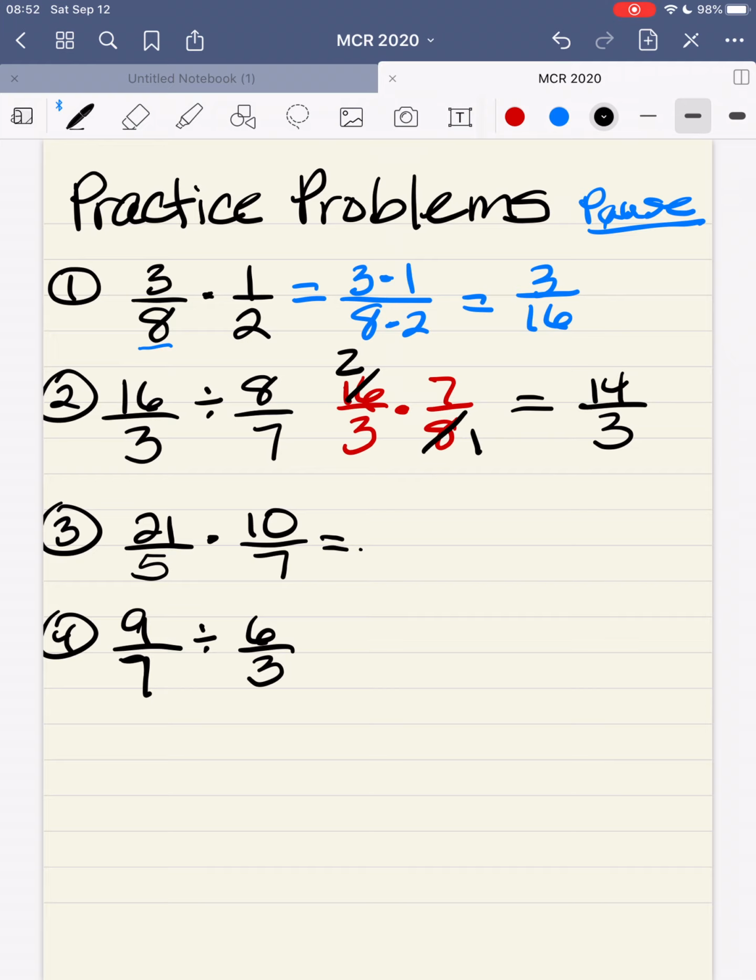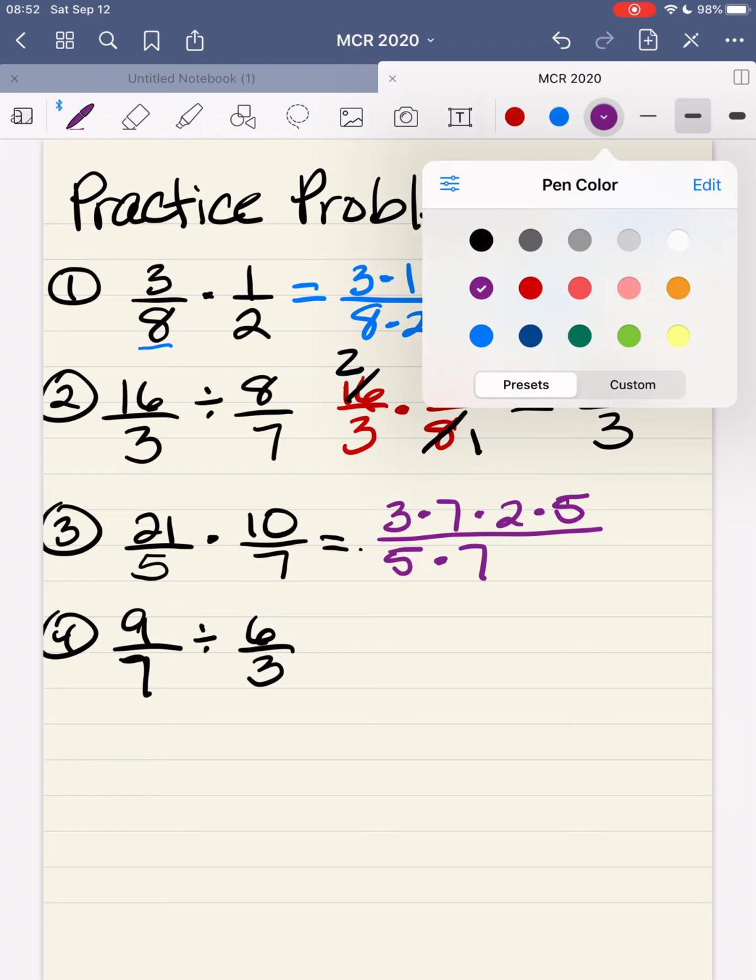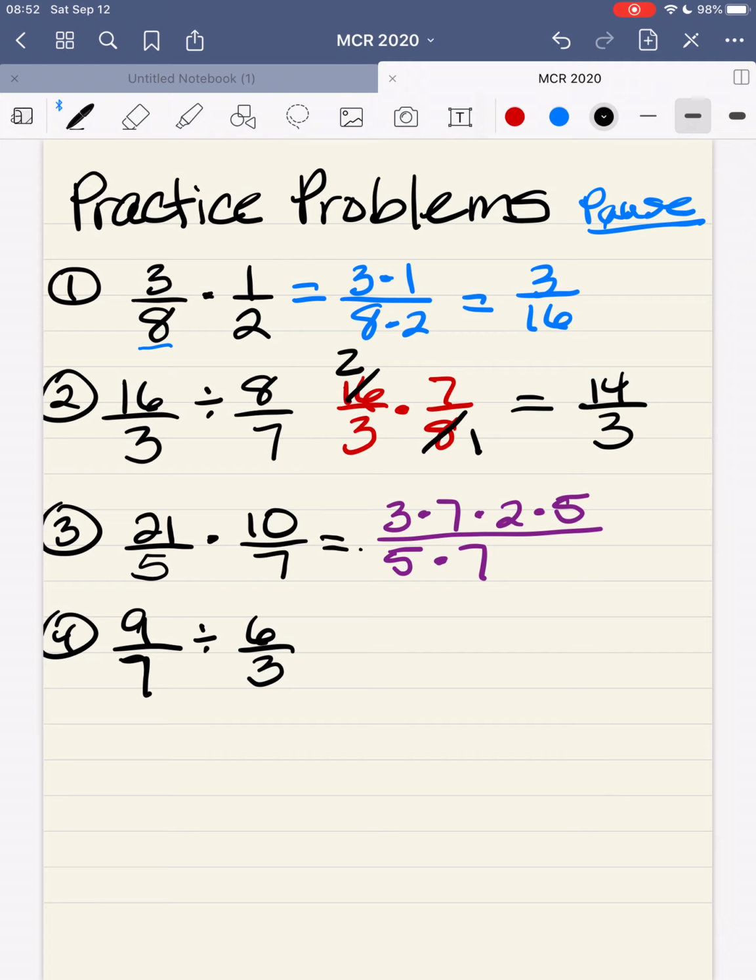Okay. If we go ahead and look at the next one, it's set up as multiplication. All right. So 21 is 3 times 7, and 10 is 2 times 5. And 5 is just 5 times 1. 7 is just 7 times 1, but I do notice here that I have a pair of 7s that can cancel.